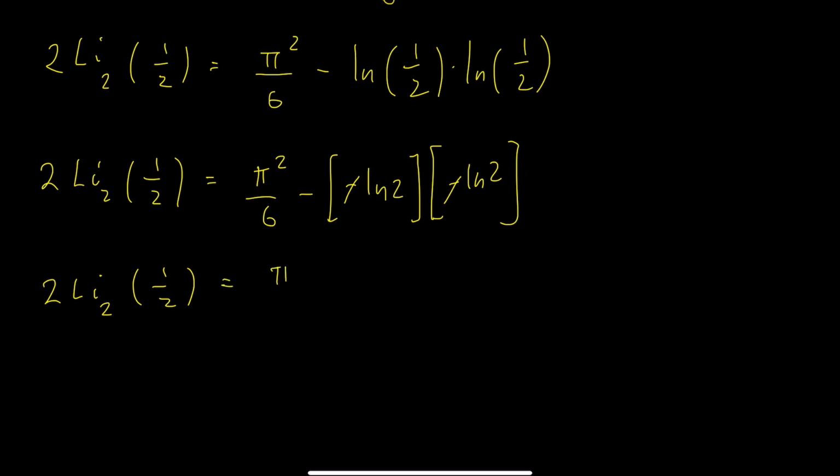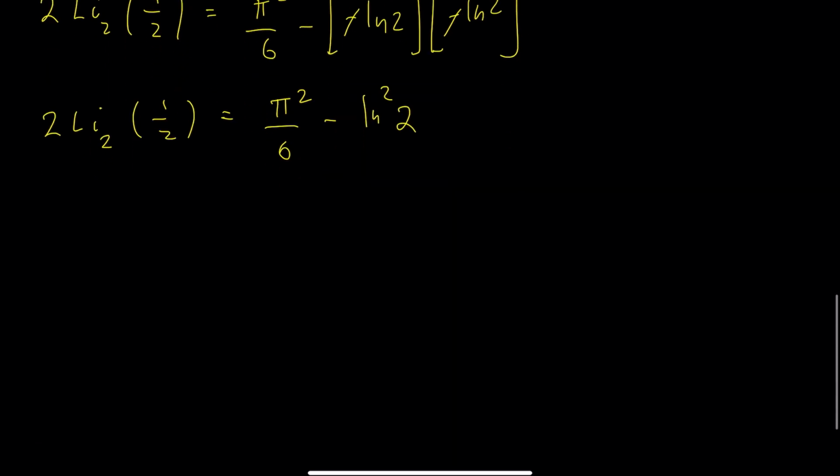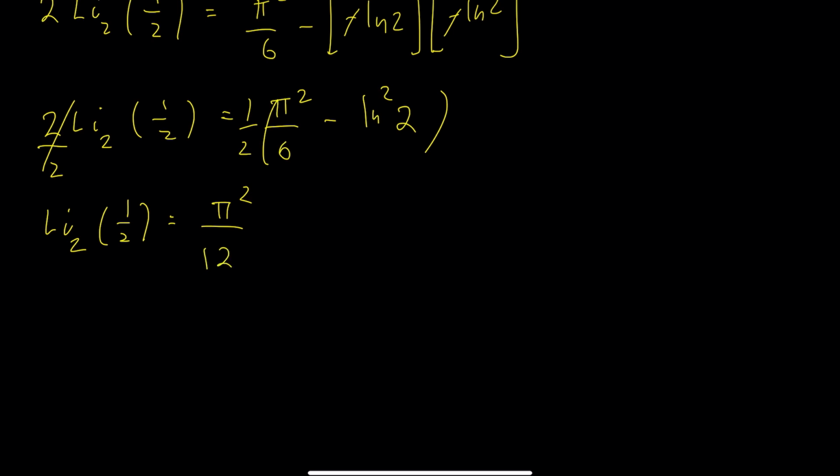This is equal to pi squared over 6. We have a minus the squared logarithm of 2. So now dividing both sides by 2, we see that the dilogarithm of 1/2 is equal to pi squared over 12 minus 1/2 the squared logarithm of 2.